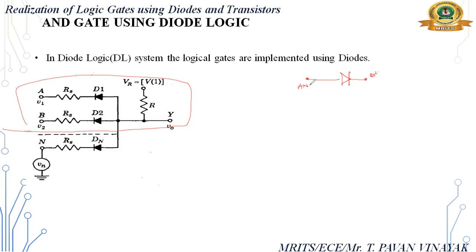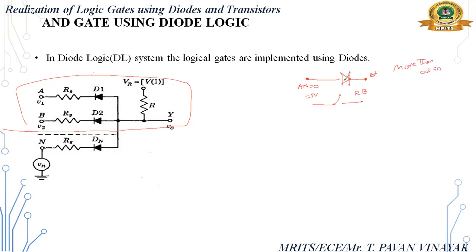Whenever you give 0 volts to the anode, what happens? The diode will be open, meaning it is reverse biased.